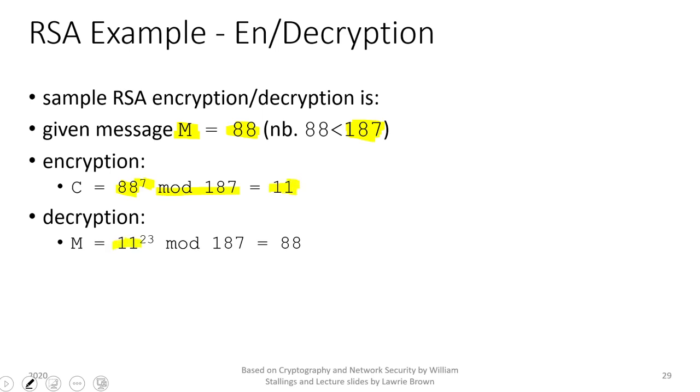Then 11 to the power 23 modulo 187 is 88. So here the main interesting part is how we came to this 23 and 7, because 23 and 7 is the key pair. So 7 is the public key and 23 is the other key. So these are the two keys. How did we find those two and 187?